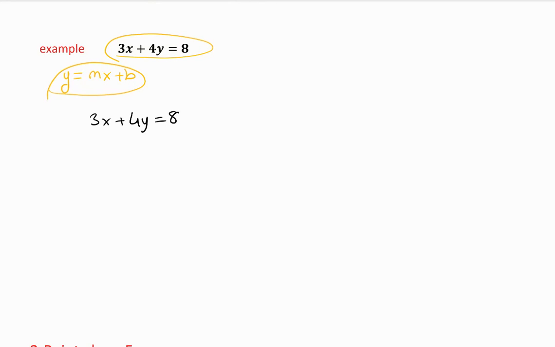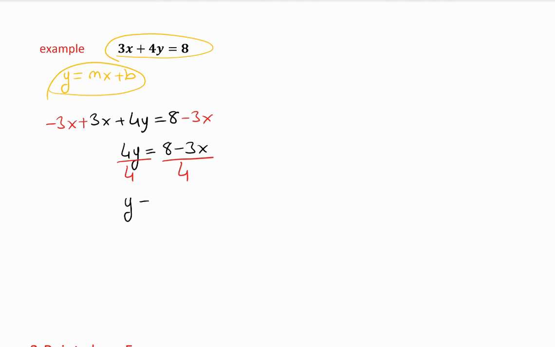For leaving y alone, I will take away 3x from here and minus 3x from here. Okay, so 4y equals 8 minus 3x. And then I should divide both sides by 4.